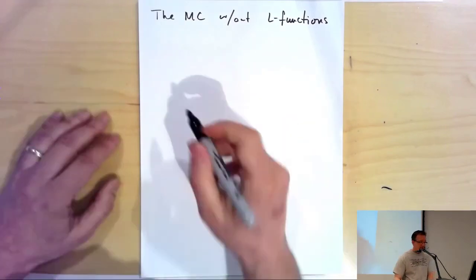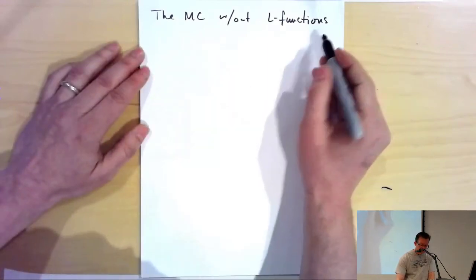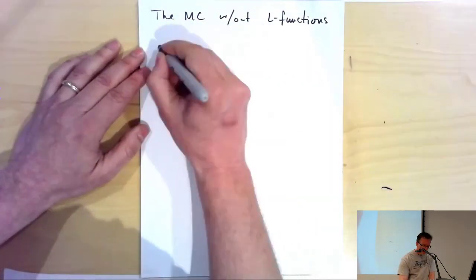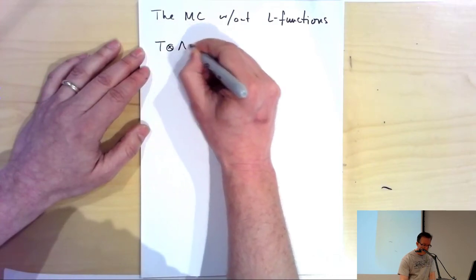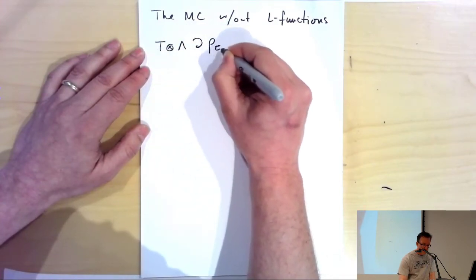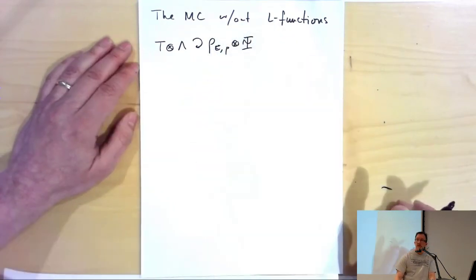So what one has, you can define. I'm now going to look at things like T tensor Lambda with the action of the Galois representation being E[p] tensor psi, not psi inverse.